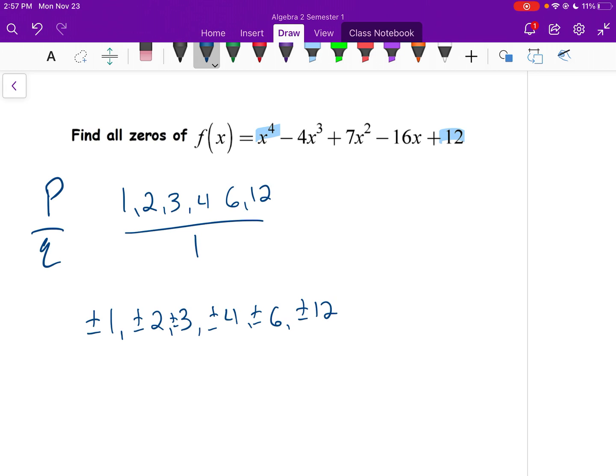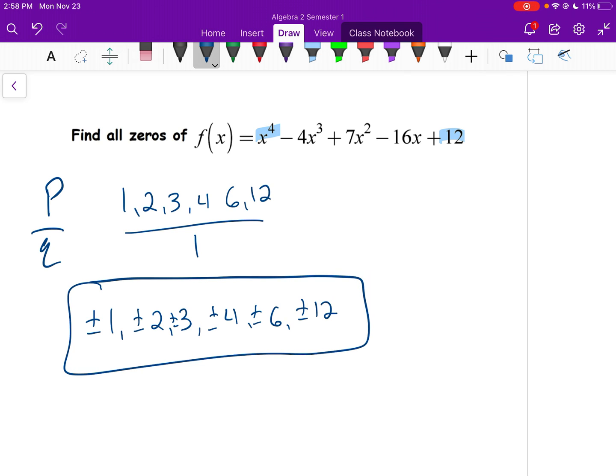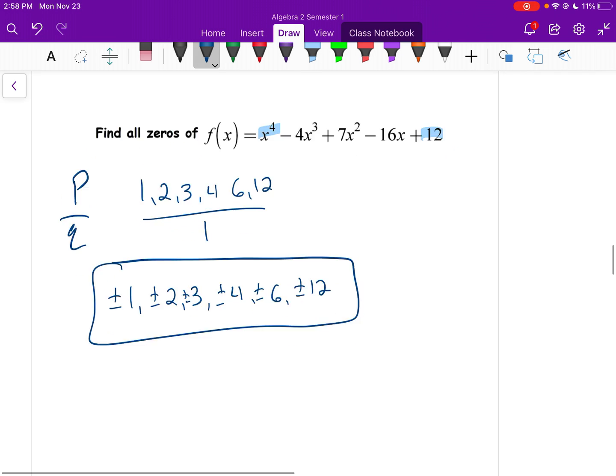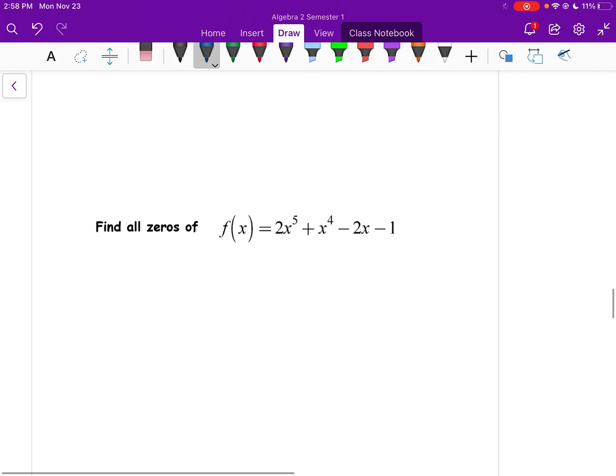So you can imagine back in the day, if they were trying to solve this polynomial, they would have to do that synthetic division with all of those until they found the zeros, and then work from there. Again, we're not in that age. We have our calculators to help us find those zeros. All right, so here, let's go ahead. P over Q again.